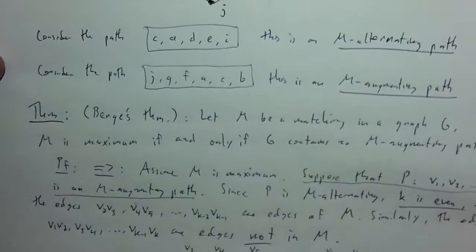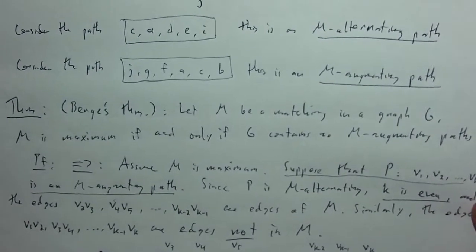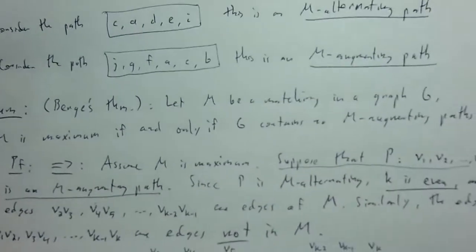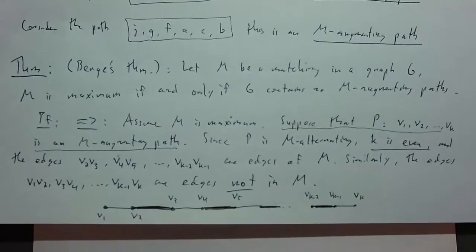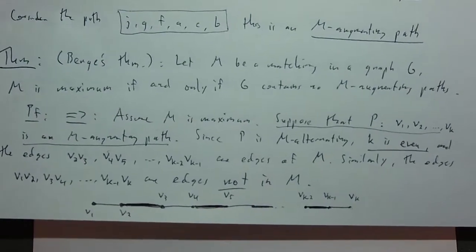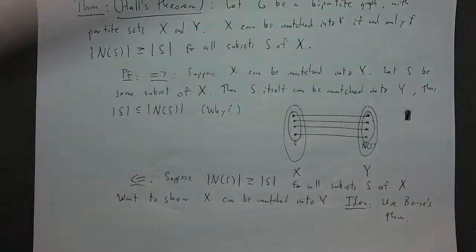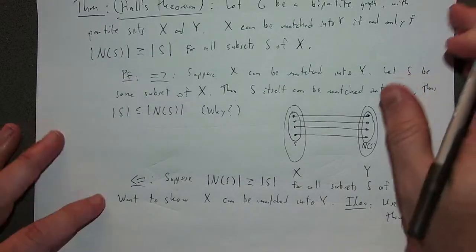Berge's theorem said if M is a matching in a graph, it is maximum if and only if the graph contains no M-augmenting paths. It's not entirely clear how this is going to help me, maybe, until we draw some pictures. But let's just say I'm divinely inspired to want to use Berge's theorem.